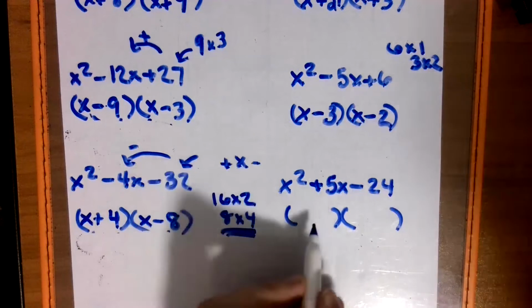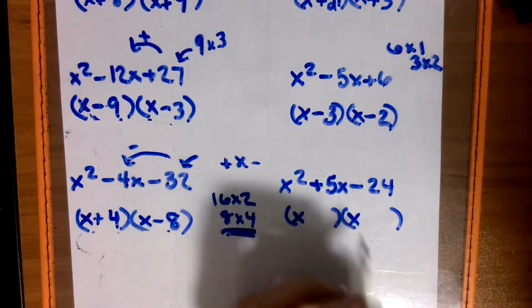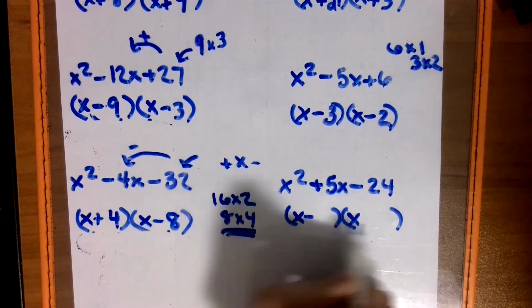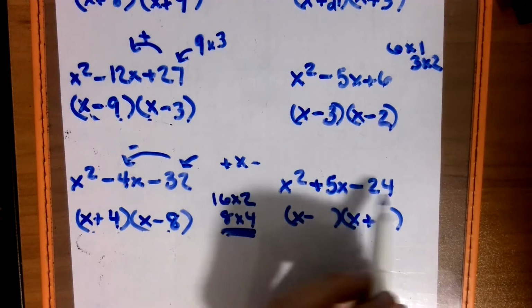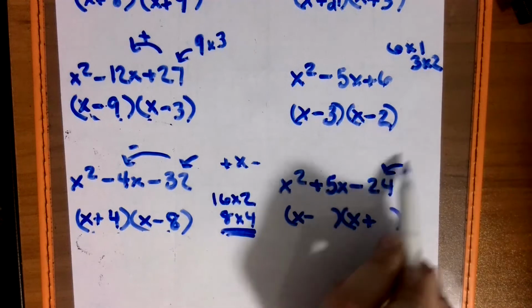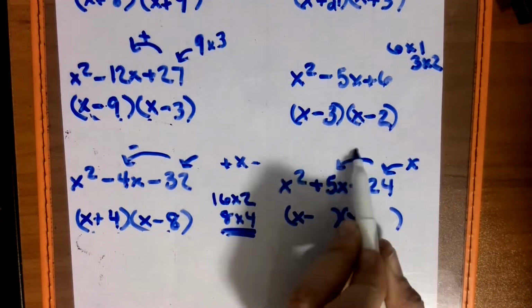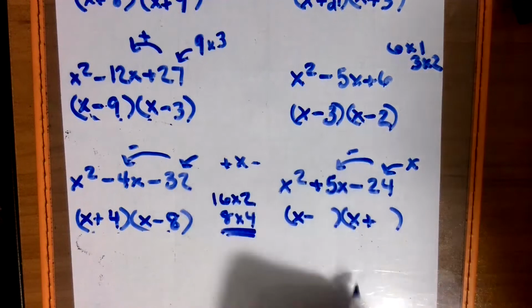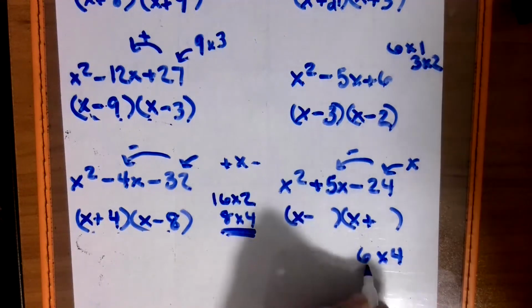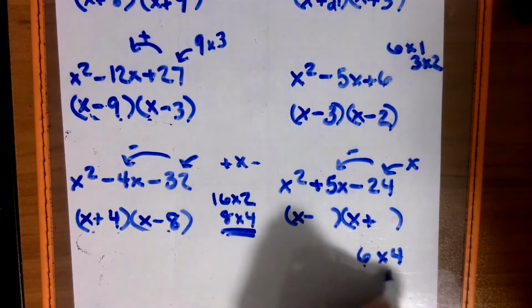So now looking at this last one, we have an x and an x. This is a negative. So what makes a negative is a positive and a negative. So I'm just going to put one of each sign. What makes 24 that gives us a difference? So what by multiplication gives us 5 by subtraction? We have 6 times 4 gives us 24, but 6 minus 4 does not give us 5.